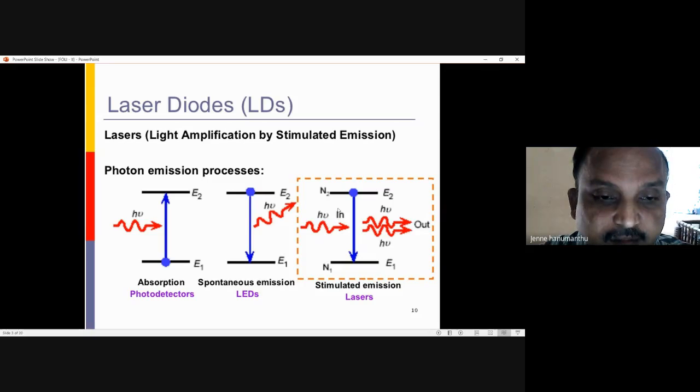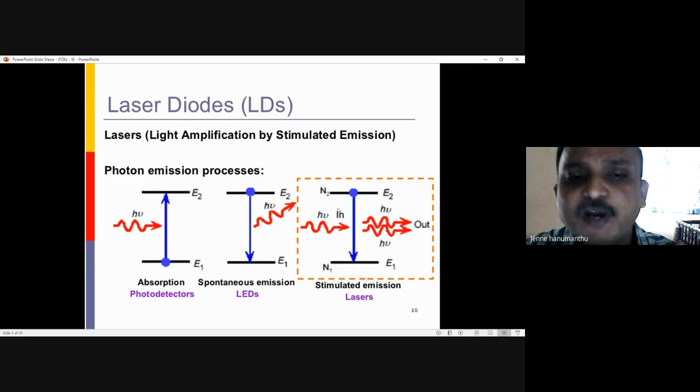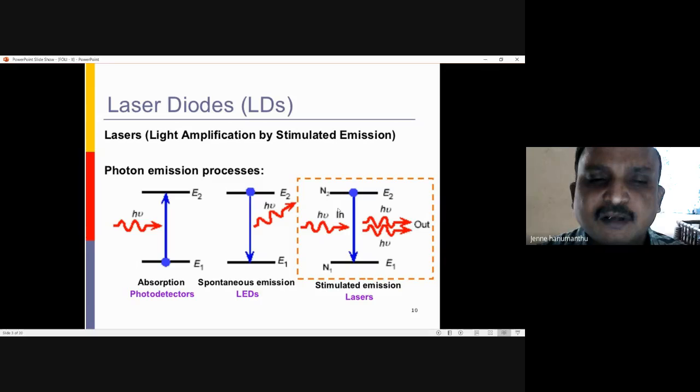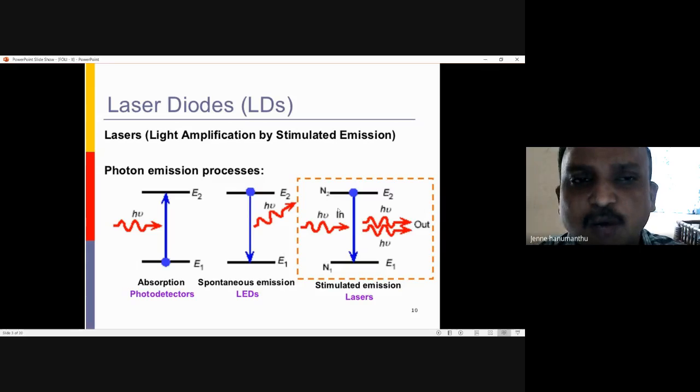So this is the background of your quantum process. And one more point here: the atoms which are available in the high energy state are unable to stay there, they will always come down.